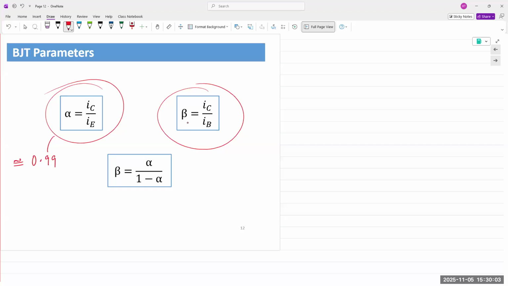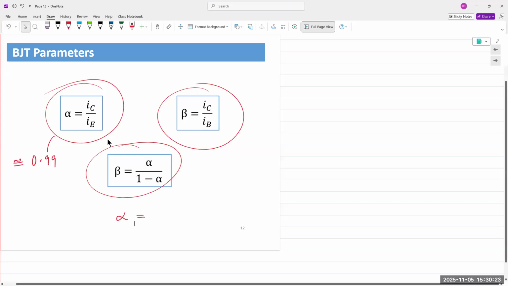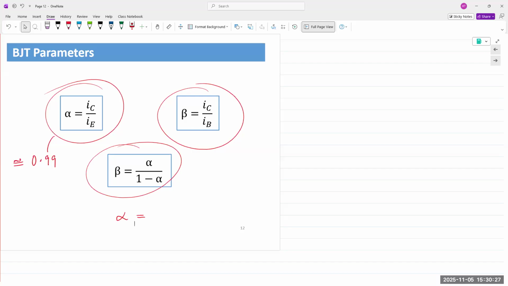If you want to convert from beta to alpha, somebody on Zoom, please send a message in the chat window. If you wish to convert from beta to alpha and alpha to beta, we use this equation, and the other equation is alpha is equal to beta over 1 plus beta, if I remember correctly.